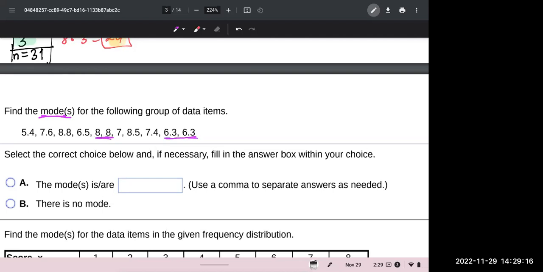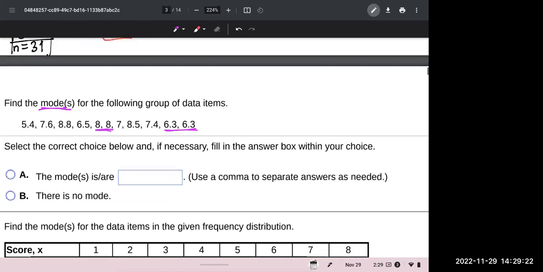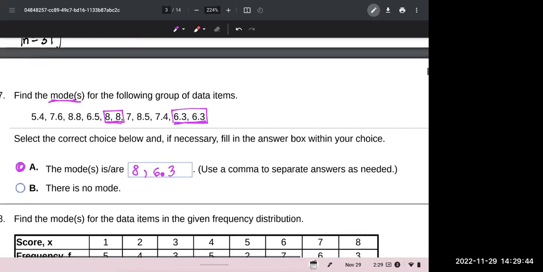So number 8 repeats twice and number 6.3 repeats twice. In this case, we have two modes, 8 and 6.3. Since both of them repeat twice, that's why we have two modes.